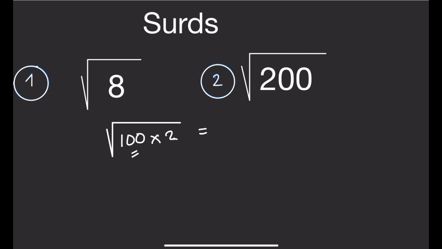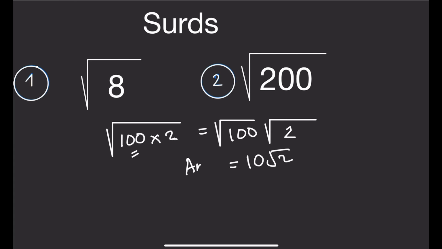So this will give us the square root of 100 times the square root of 2, because 200 is 100 times 2. The square root of 100 is 10. So we have 10 root 2. So this is our answer.